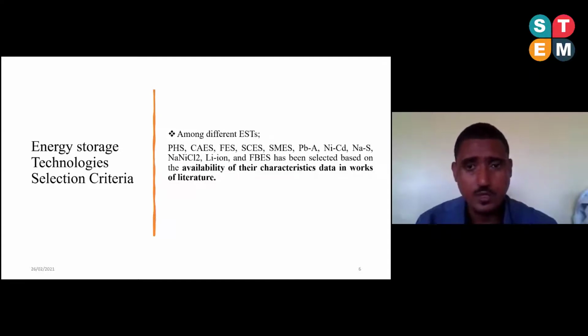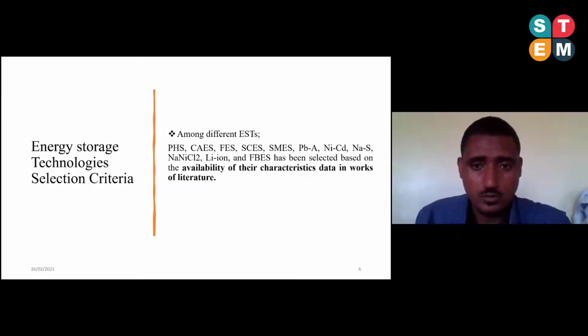So we first try to identify, in our methodology, the selection of these energy storage technology types. As I presented in the previous slide, there are different energy storage technologies. Among those, we select 11 energy storage technology types based on the availability of their characteristics data in literature works.